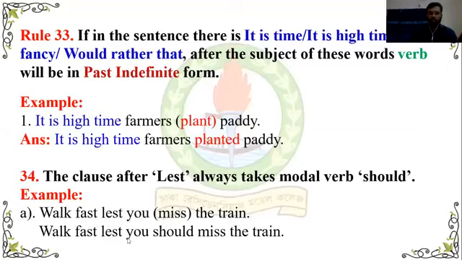When lest is used as a conjunction, you must use should after the lest clause. Can we use might? You may, but there is very little use of might. So it is better to use should.